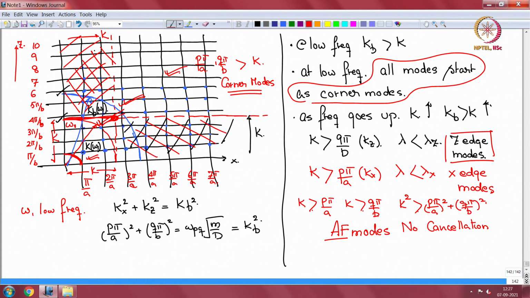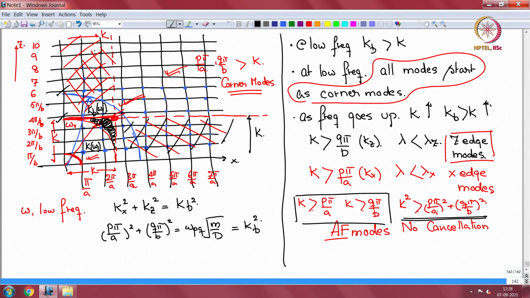Now what about this small region here? There are hardly any modes now, but there is a small region here. What is this region? This is where k is greater than p pi by a, k is greater than q pi by b, but k squared is not greater than (p pi by a) whole squared plus (q pi by b) whole squared.